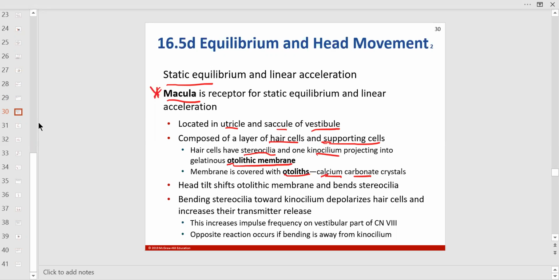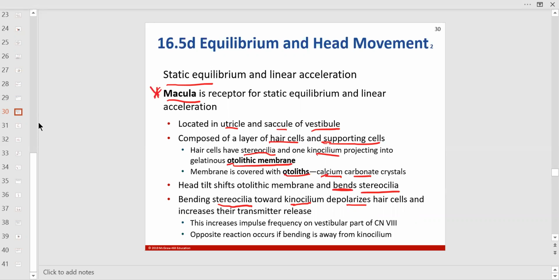So the crystals shift within the membrane, and it bends, again, mechanical, the stereocilia and the kinocilium. And bending the stereocilia toward the kinocilium causes depolarization. You don't have to know this, though. This is too complicated. I'm not going to hold you to this about toward or away.